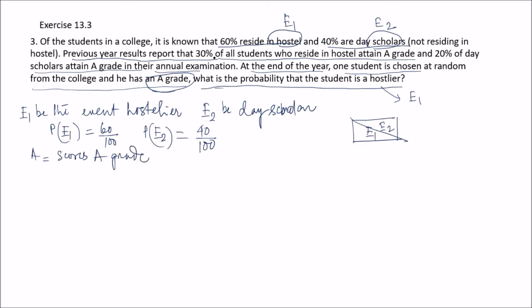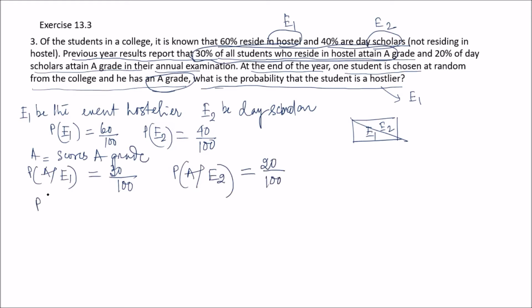Now 30% of those who stay in hostels get an A grade. That means this is the probability of A given E1, from hostelier. It is 30 by 100. And the probability of A grade from day scholar is equal to 20 by 100.